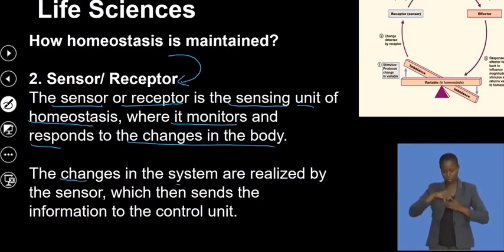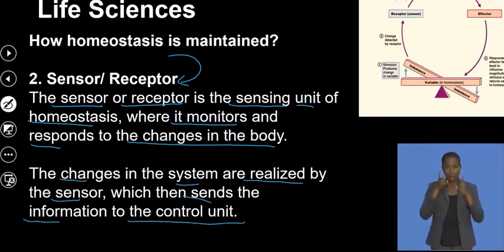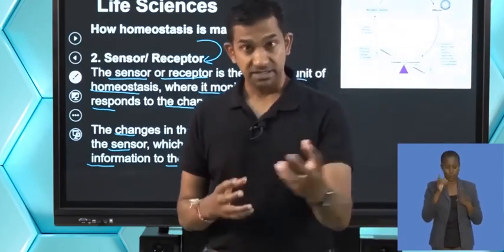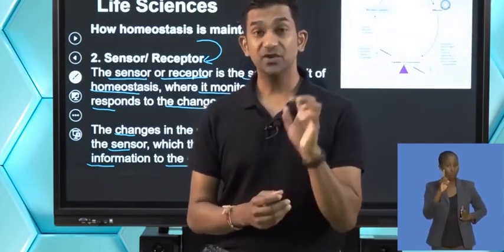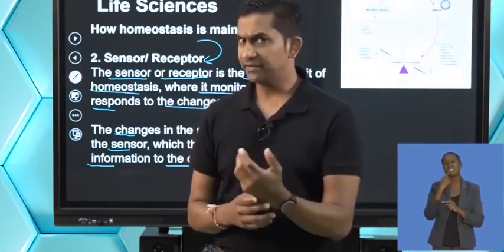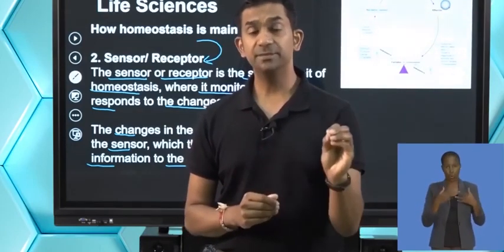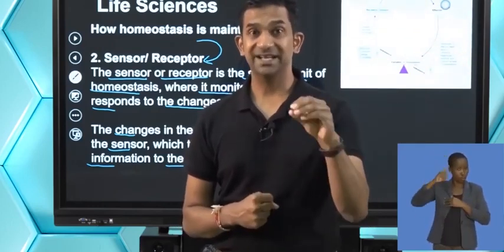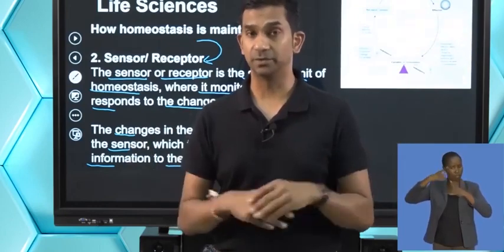The changes in the system are realized by the sensor, which then sends the information to the control unit. In our body, we've got stimuli that come in and sensors, often in the brain but also in various other parts. The brain will analyze the stimulus, interpret it, and identify a change from the normal.